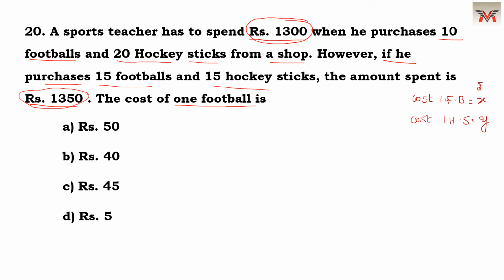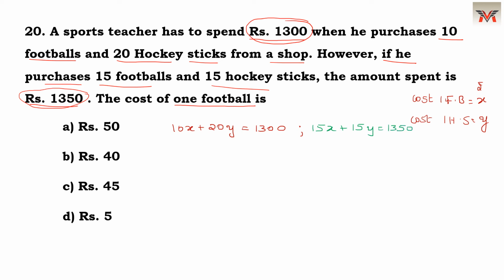Therefore, I can write the equation as 10x plus 20y, which is equal to 1300, as well as the second equation is 15x plus 15y, that is equal to 1350.